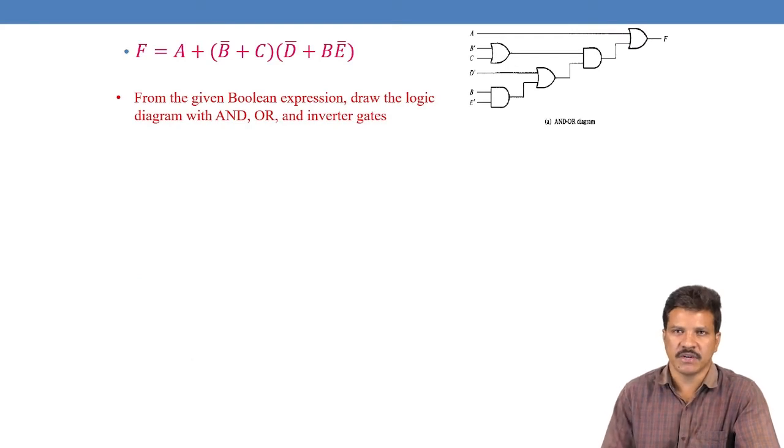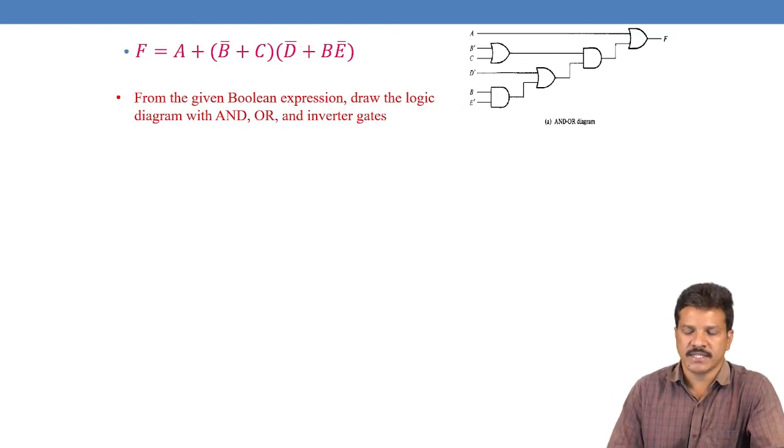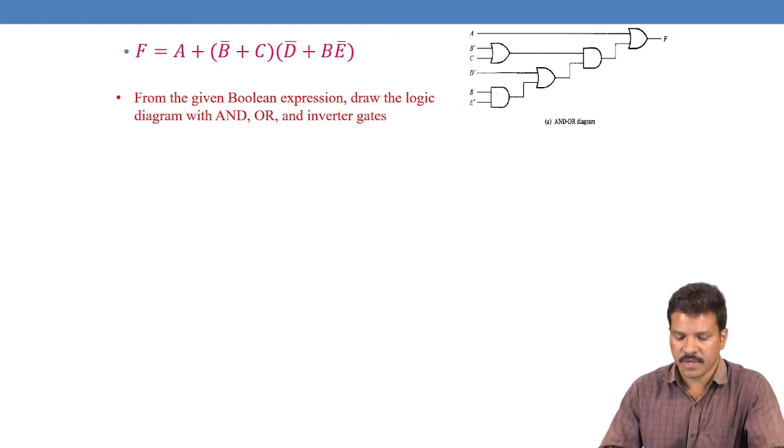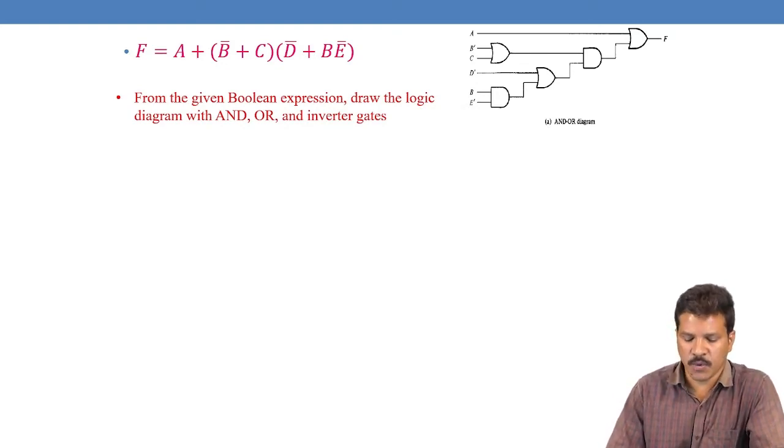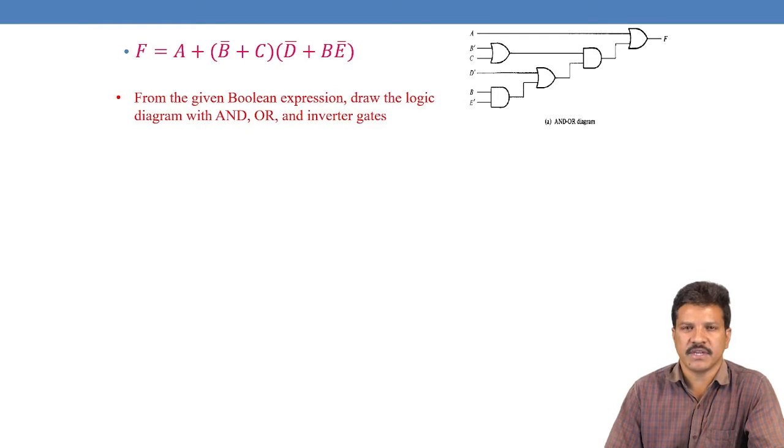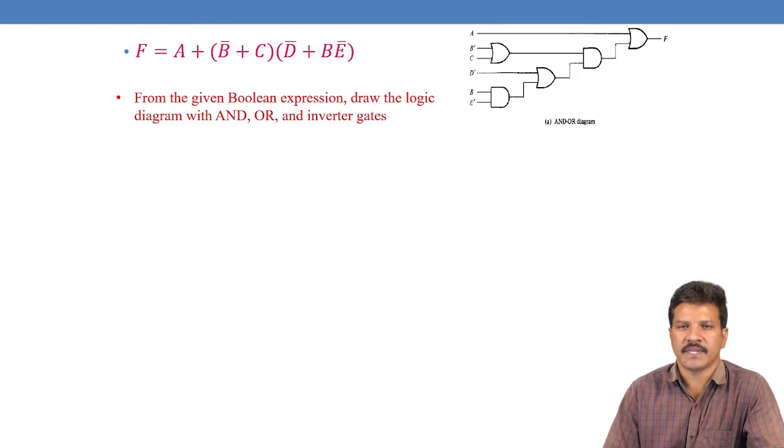Suppose a Boolean function is given by (a plus b bar) plus c, (d bar plus be bar). With the help of AND, OR, inverter gates, we can draw this diagram. It is as usual; we know how to draw the diagram by following the Boolean function and the logic gate equations. Wherever there is a product term, it is represented by an AND gate.